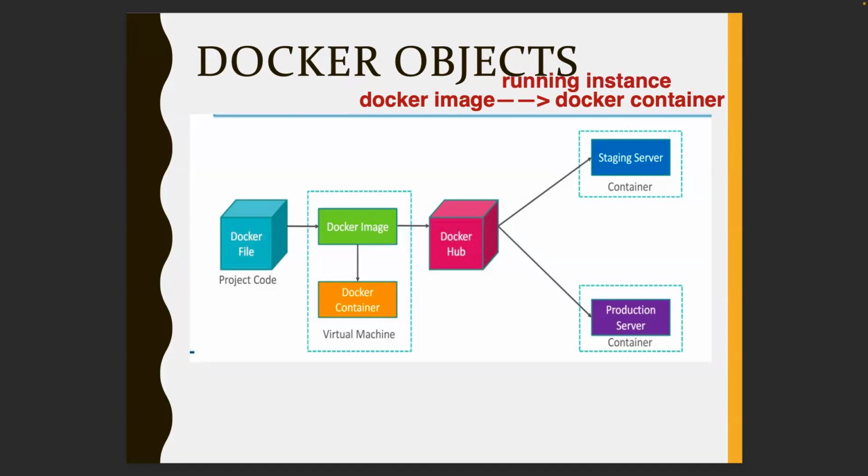What is an image? An image is nothing but a static, read-only file. It's just like a file. You run it, you get a container. Till now, we talked about creating a container and sharing a container, but actually the container will not be shared. The image is the one which is shared. Just imagine a machine.